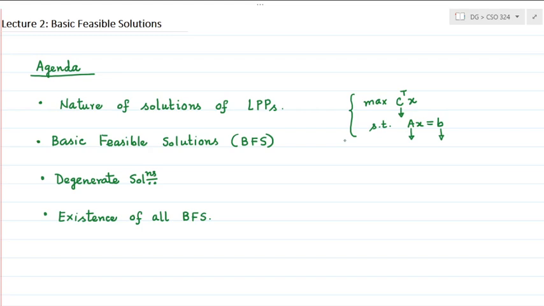And in between, the concept of degeneracy of a solution, or specifically degenerate basic feasible solutions, will be considered to be taught in this lecture. Towards the end of the class, we will try to find a condition satisfying which we will be able to confirm the possibility of having maximum possible basic feasible solution for a given system of linear equalities.